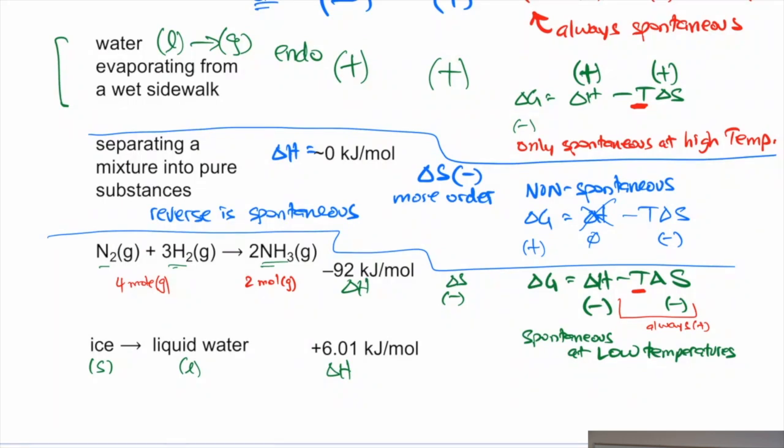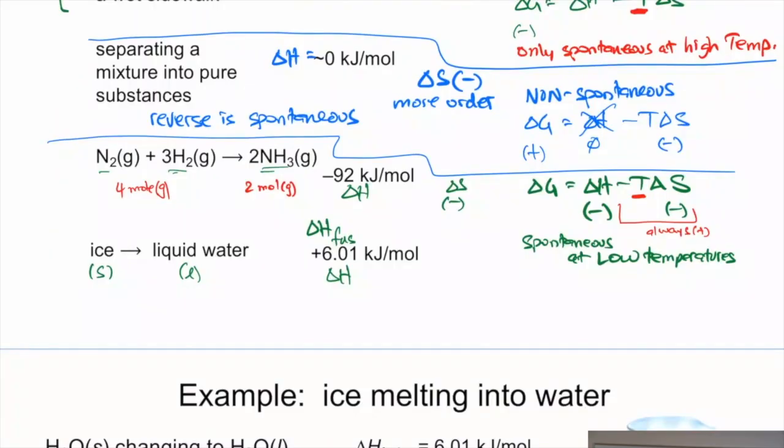This is the delta H of fusion for H2O. That's that many kilojoules of energy required for 1 mole of water to transition between the solid and the liquid phase. If we have solid H2O going to liquid, we know that we need energy into the system, so it's positive 6.01 kilojoules per mole for 1 mole of solid ice to go into liquid water.